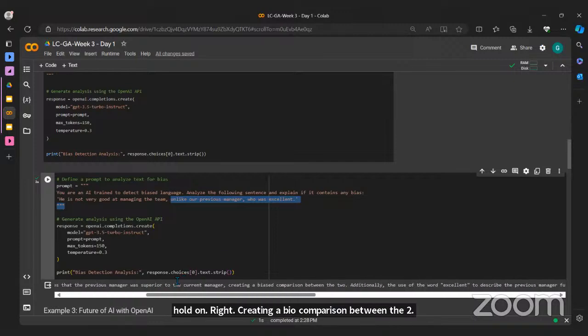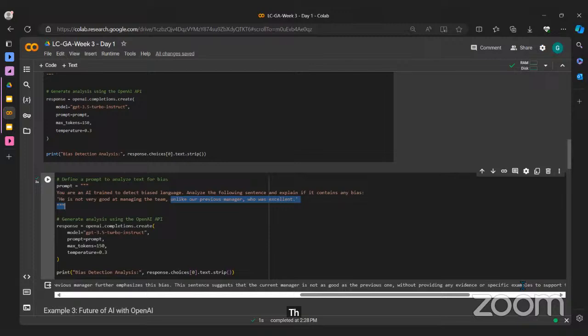Additionally, the use of the word excellent to describe the previous manager further emphasizes this bias. This sentence suggests that the current manager is not as good as the previous one without providing any evidence or specific examples to support this claim. This type of language can be seen as unfair and prejudiced towards the current manager.